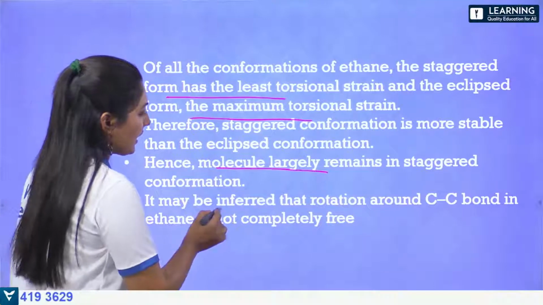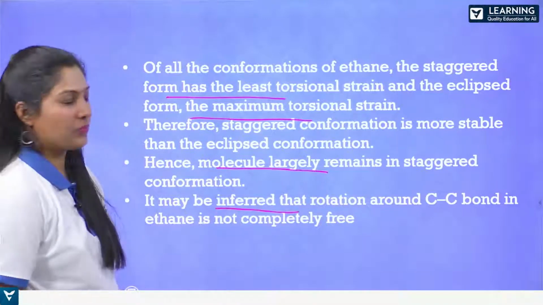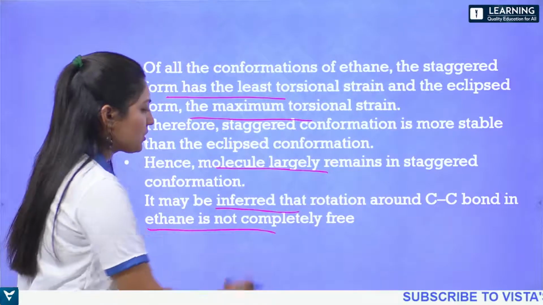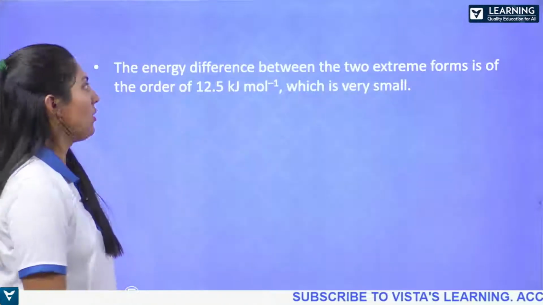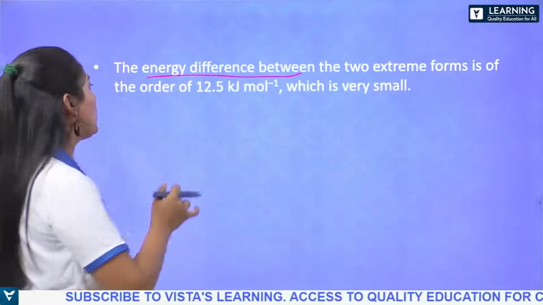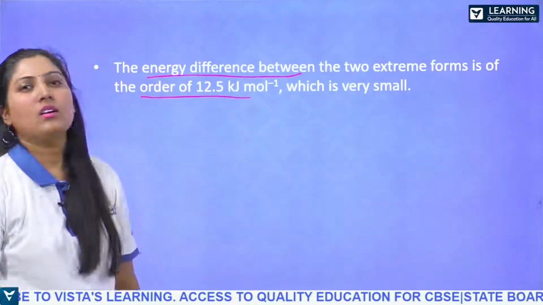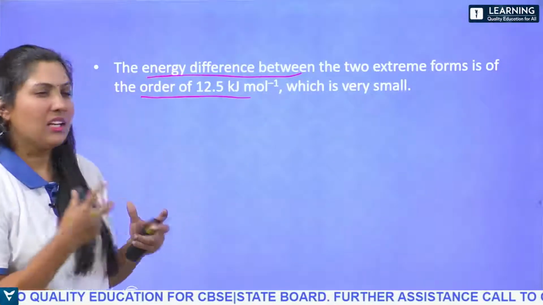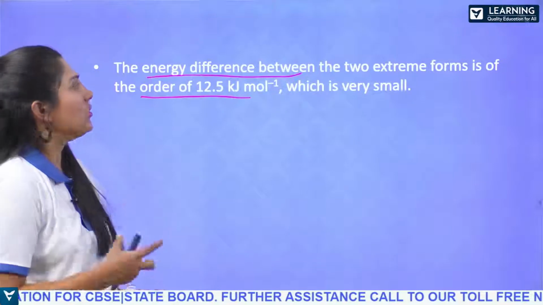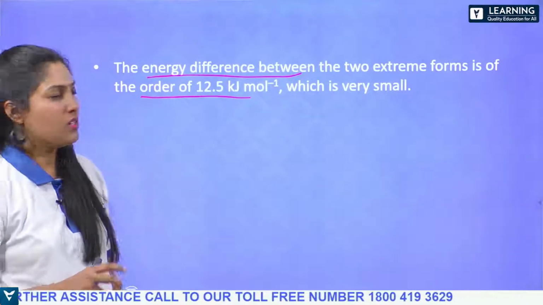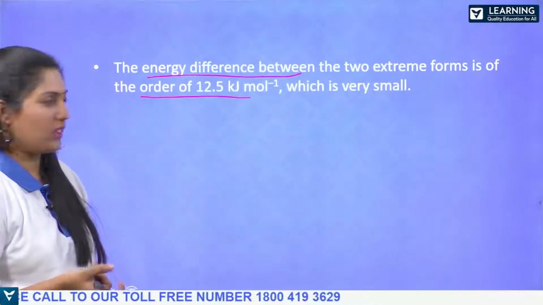It may be inferred that the rotation around the carbon-carbon bond in ethane is not completely free. Why? Because the energy difference between the two extreme forms is of the order of 12.5 kilojoules per mole. That means it is a very small amount of energy difference between staggered and eclipsed forms. So we don't have much difference between them.